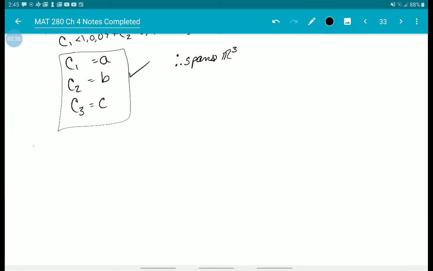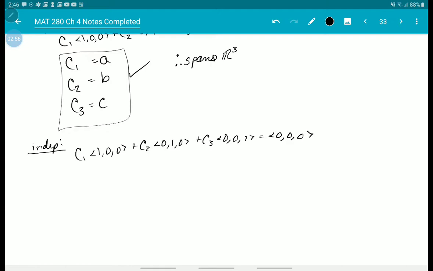Now let's show independence. That means that c1 times vector 1 plus c2 times vector 2 plus c3 times vector 3 is equal to the 0 vector if and only if c1, c2, c3 are equal to 0.